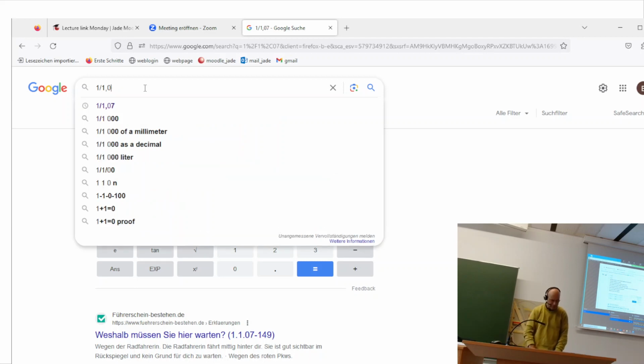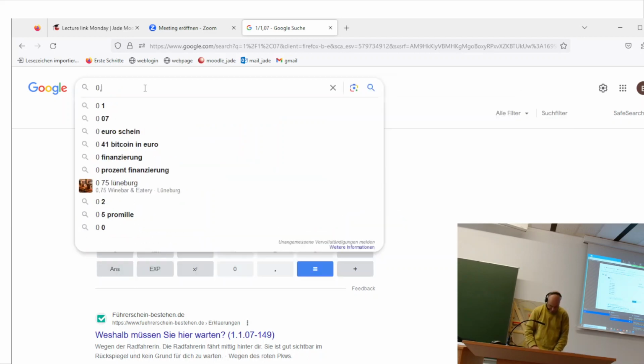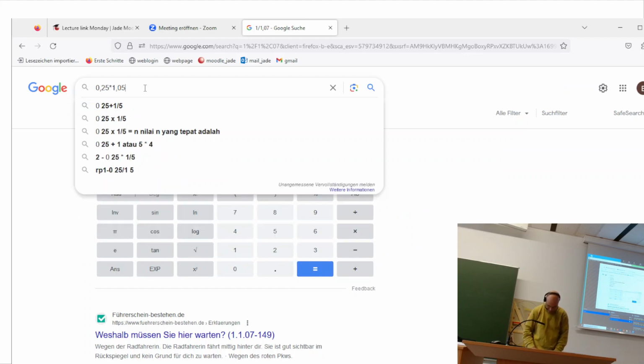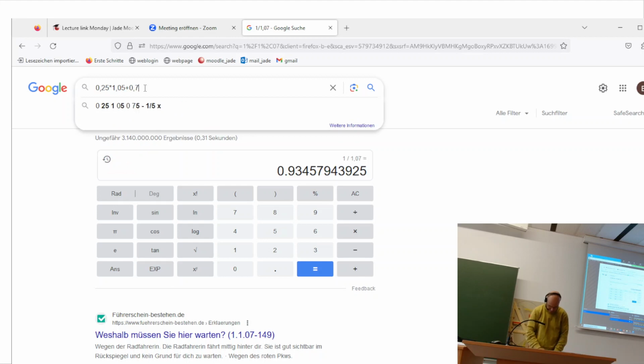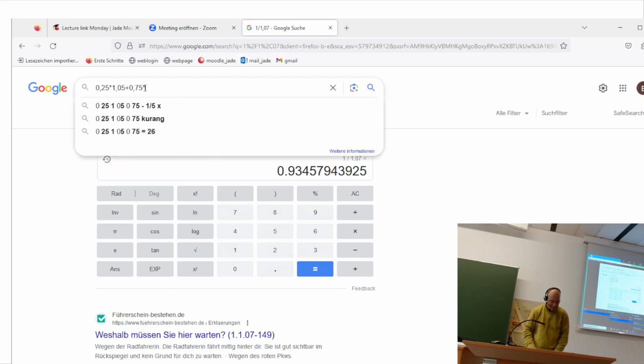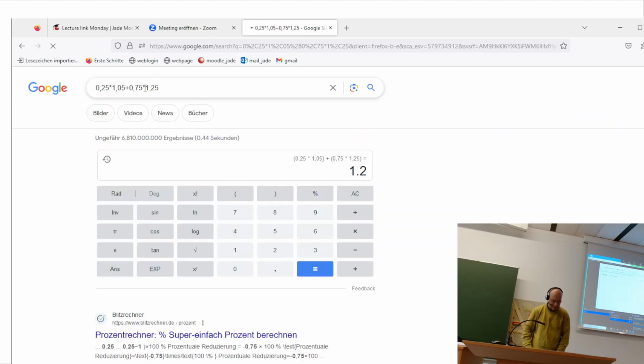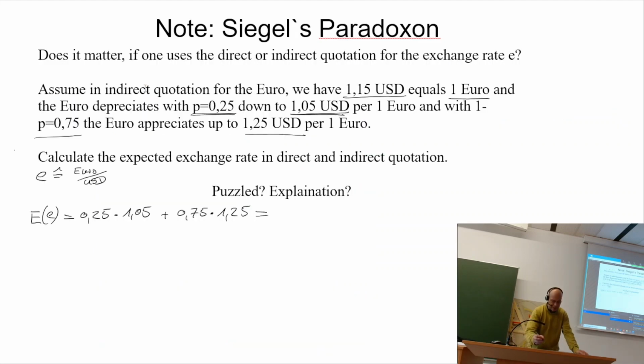So we have 0.25 times 1.05 plus 0.75 times 1.25. So we obtain an expected exchange rate of 1.2.